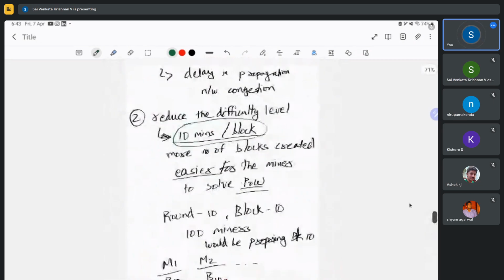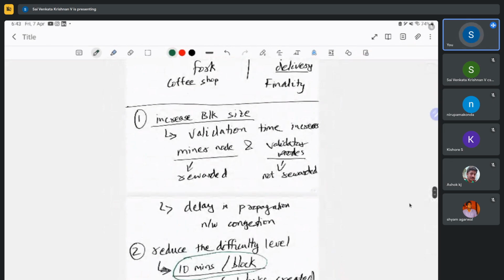So we looked at two ways of improving transaction throughput per second, and found out that they cannot be applied directly to the Bitcoin protocol, because applying them directly introduces new drawbacks which affect the transaction finality, and eventually will also affect the transaction throughput, right?